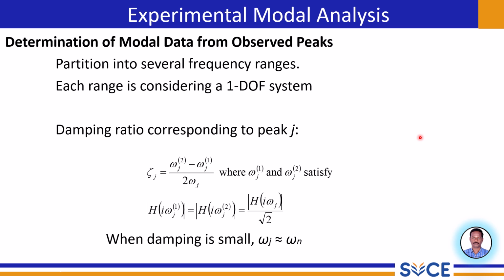We often ignore it. So, first of all, we have to identify a resonance peak in the magnitude of the FRF. Then we have to find two frequencies, omega 1 and omega 2, on either side of the natural frequency. Then we calculate the damping ratio using the half power bandwidth method formula.